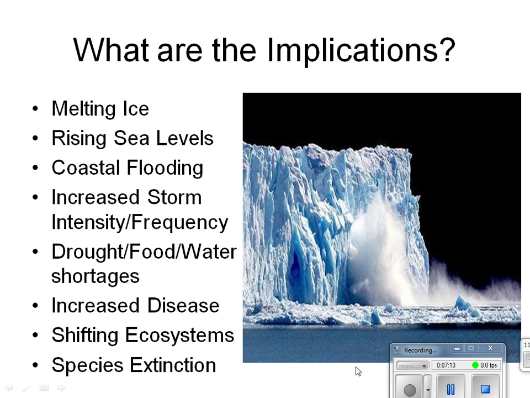Other issues include increased disease. We know many vectors for disease, such as mosquitoes with malaria, tend to enjoy tropical climates. And as these climates expand northwards and more stagnant bodies of water with warmer temperatures exist, these diseases will in fact spread. Ecosystems will shift.